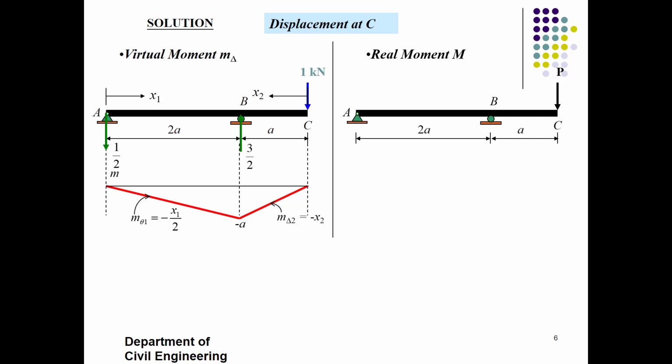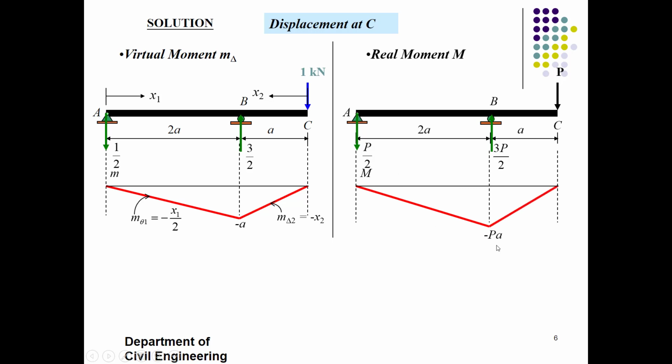So in case of a real loading applied, P, we determine the reactions similarly to how we determined them previously for the unit load. We compute these reactions to form a moment diagram, which is minus PA at point B. So we will take the two sections and determine the moment values as we did previously for the virtual load at these two sections. It is negative p x1 by 2, which is p by 2 multiplied by x1.